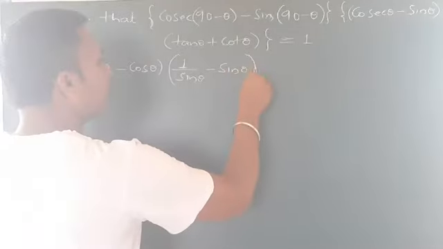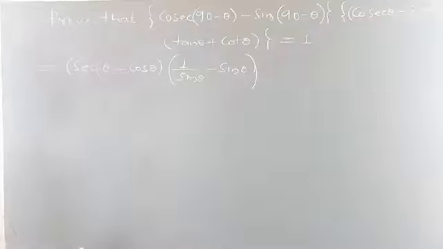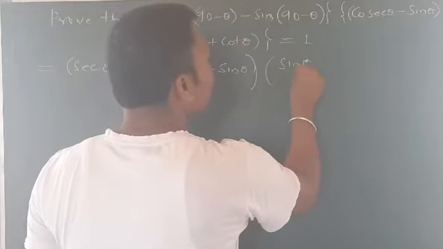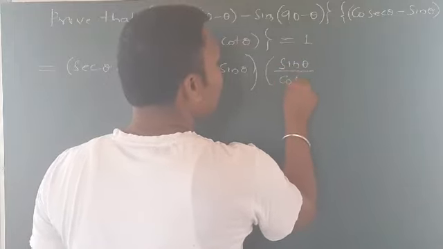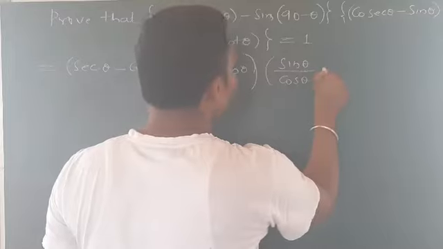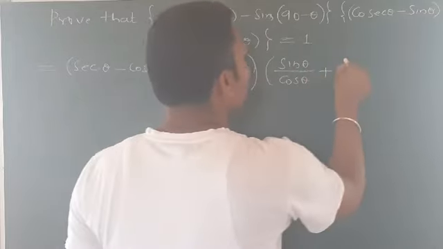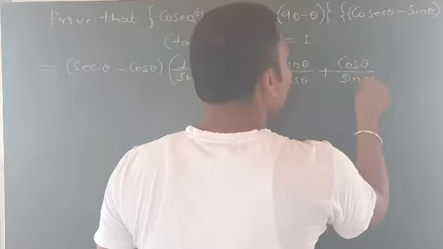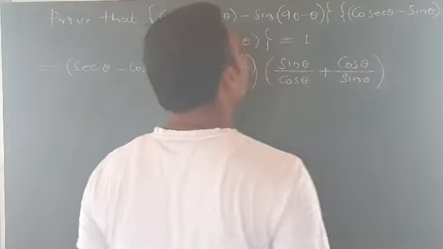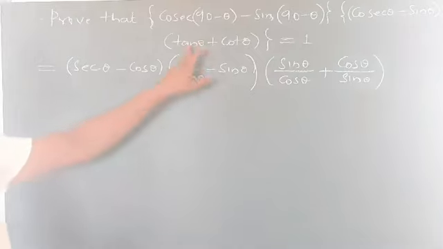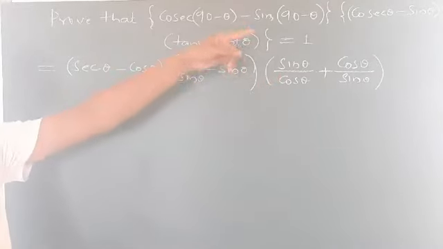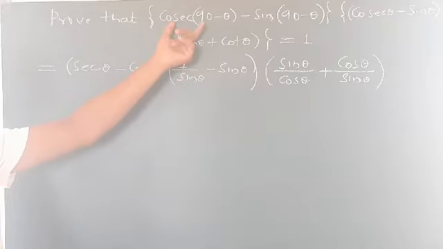Once I have written this, next we have this one. Let me write the bracket of tan as sin theta by cos theta plus cot as cos theta by sin theta. Tan I converted to sin by cos, cot I converted to cos by sin, and cosec to 1 by sin.